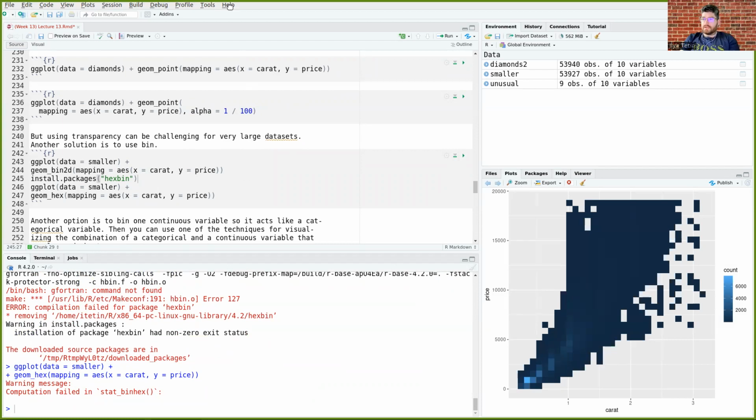So we can see the same kind of data, but with the understanding of where the majority of our data lies. So we can see that yes, this is the exponential relationship between the carat and the price, and also we can see that the majority of data, the count of our data, lies here in these lightly colored regions.